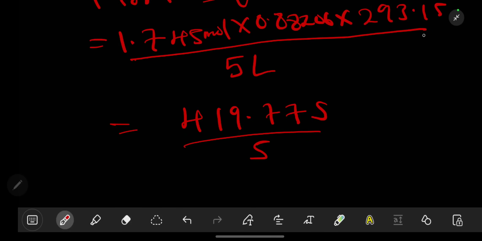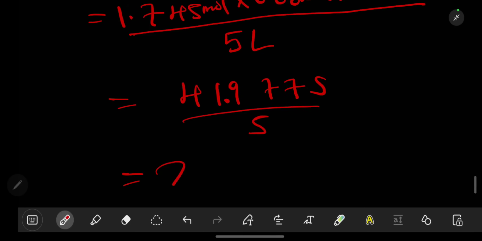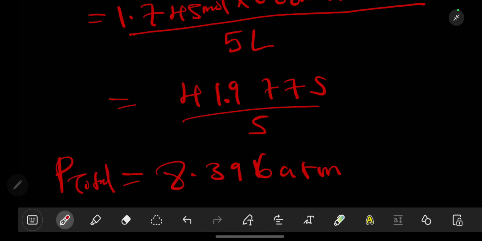Sorry for that, the decimal point is supposed to be here. The correct multiplication is carried out. We divide by 5. This is going to give us 8.395, or should I say 8.395 atm. So this is the total pressure of the mixture, like that.